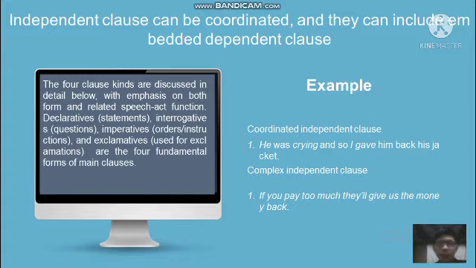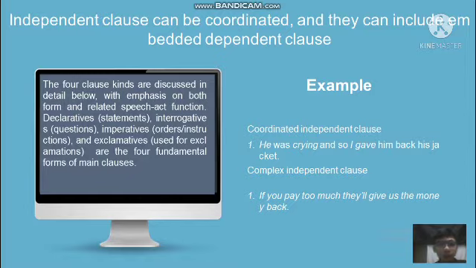Next is the complex independent clause. A complex independent clause has one or more dependent clauses. So for example, if you pay too much, they'll give us the money back. What is the dependent clause in the example?